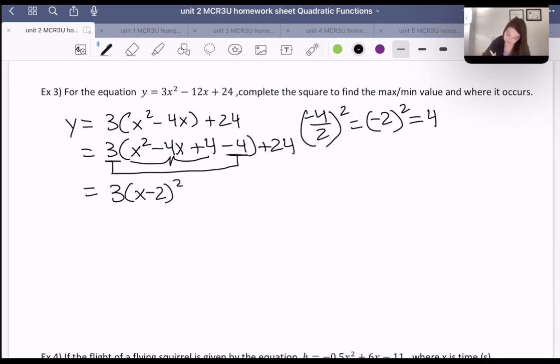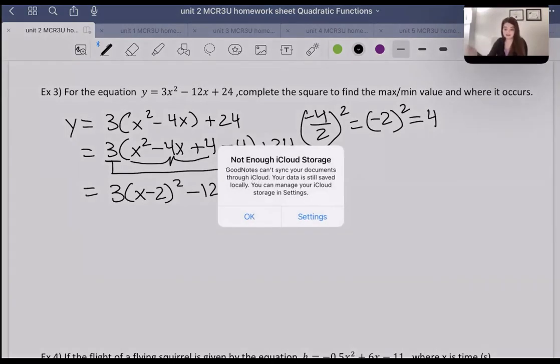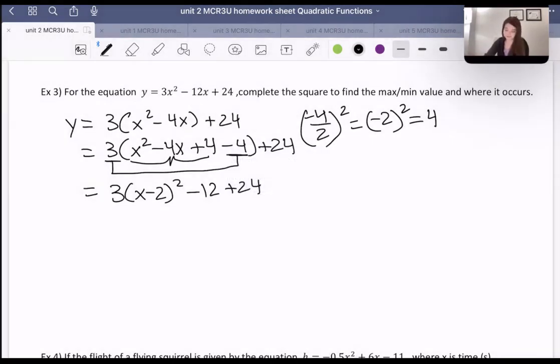Then we're going to have 3 times -4, which is -12, and then plus 24 tacked on the end. A common mistake I see is just -4 plus 24. No, always make sure that when you factor something out for the leading coefficient, that -4, whatever that number is, gets multiplied before it leaves. That's its exit pass, if you will, for it to leave.